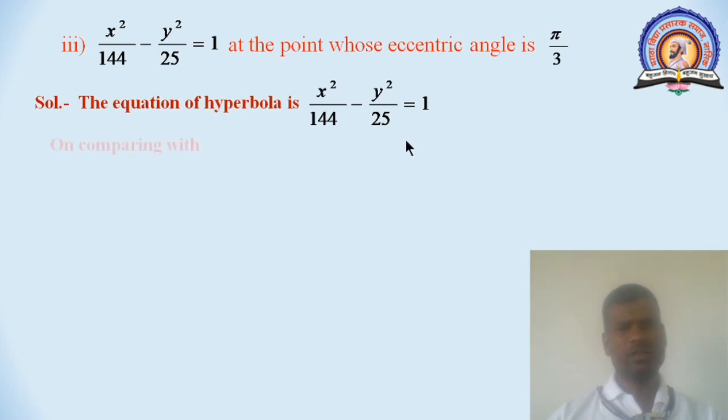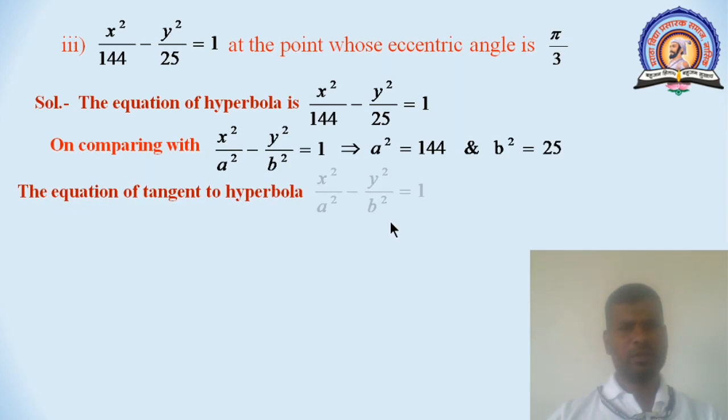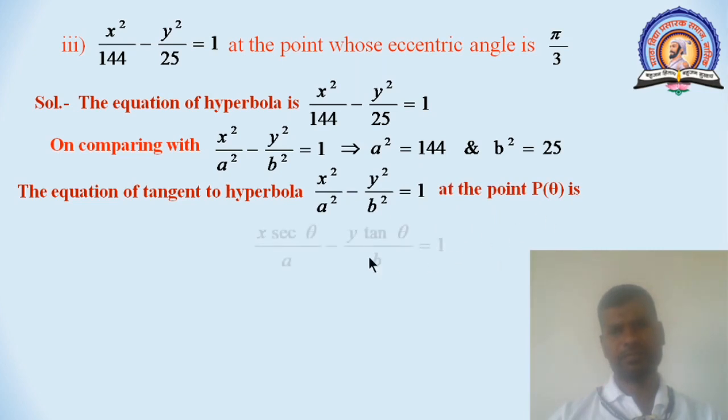Comparing, we get a² = 144 and b² = 25. Therefore, the equation of the tangent to the hyperbola at the point P(θ) is x secθ/a − y tanθ/b = 1. So here θ is π/3, a is 12, b is 5.